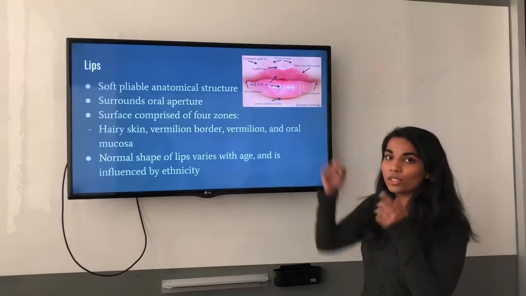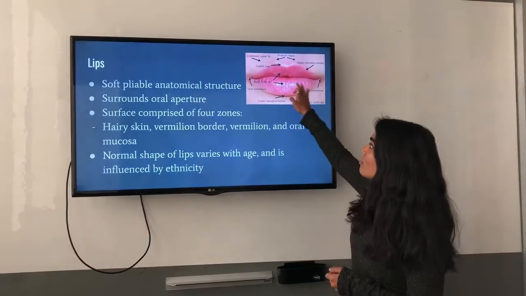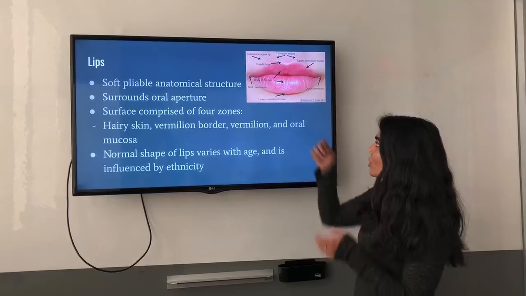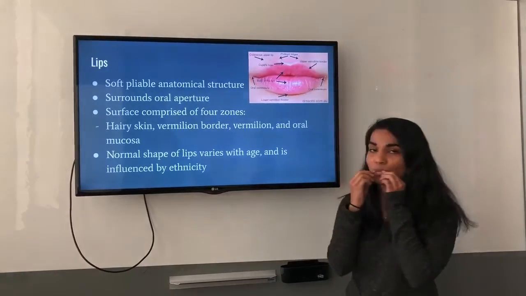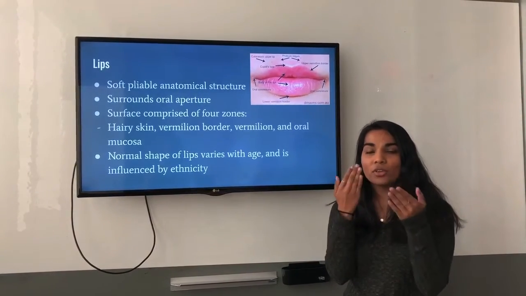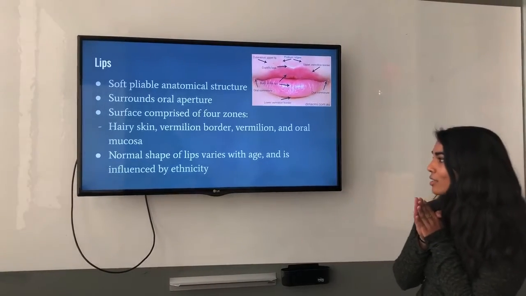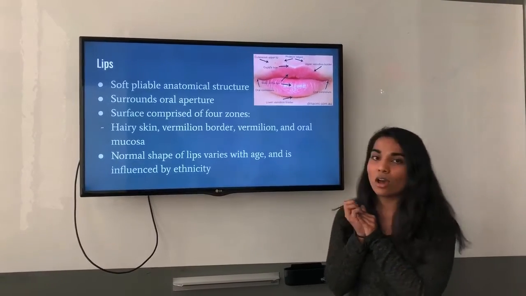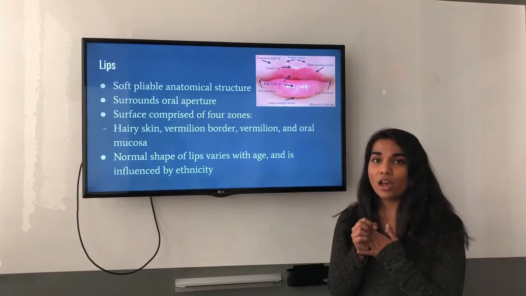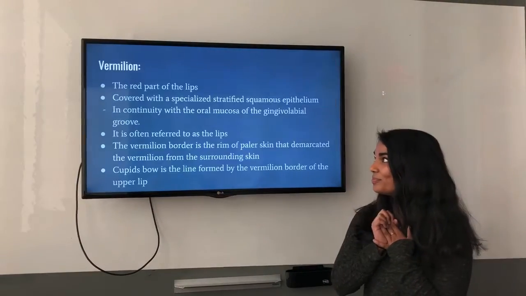Then the vermilion, which is the pink, fullest part of your lips. And then the oral mucosa, which is not shown on this slide, but it's the inner part of your lips that pushes against your teeth. The shape of your lips depends on your age and your ethnicity.